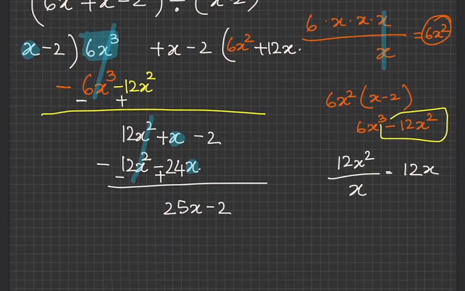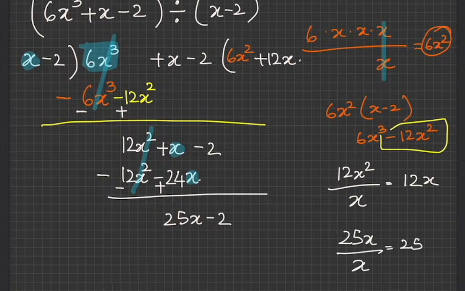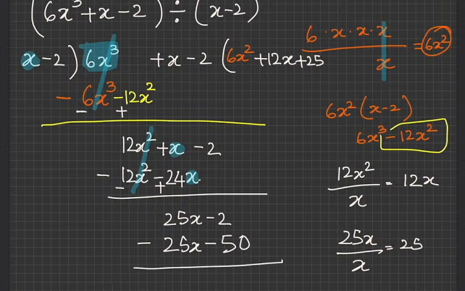So I do the same process again. 25x by x will give me 25. So I have my 25 here, plus 25. So 25x minus 50. So again I have the negative sign and then the positive sign.